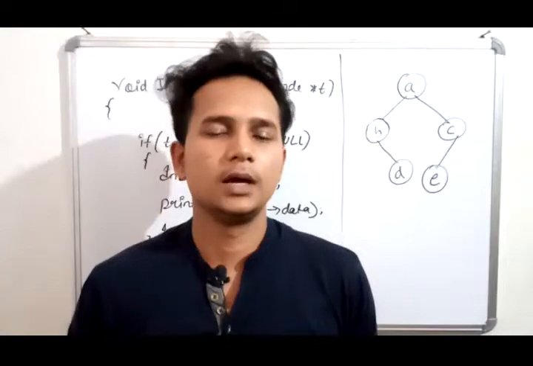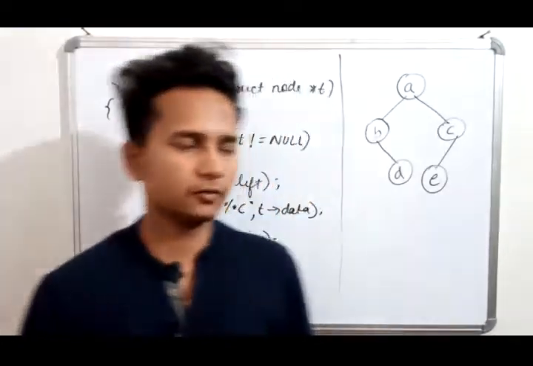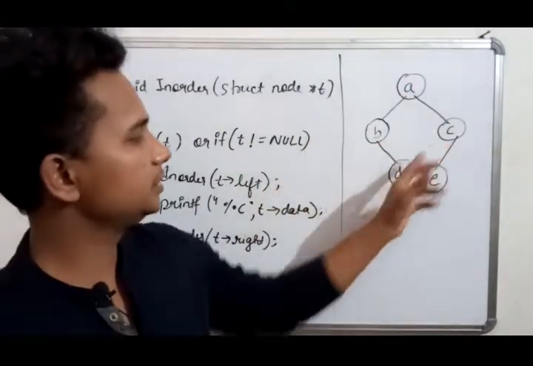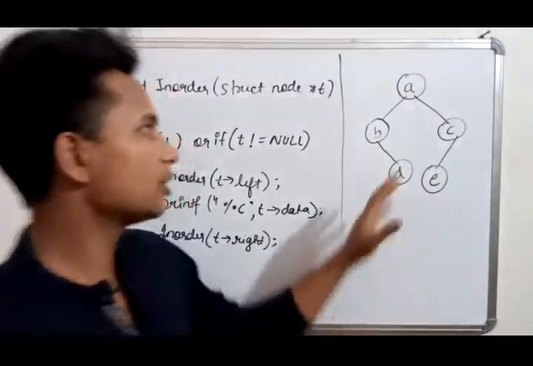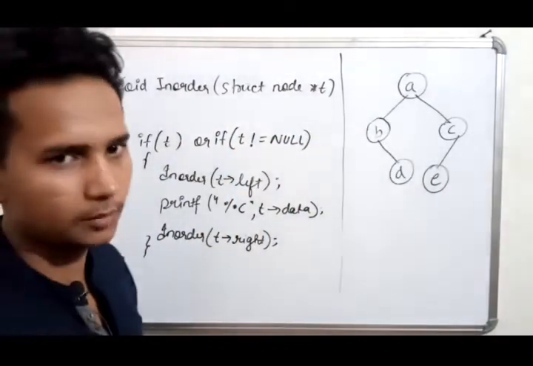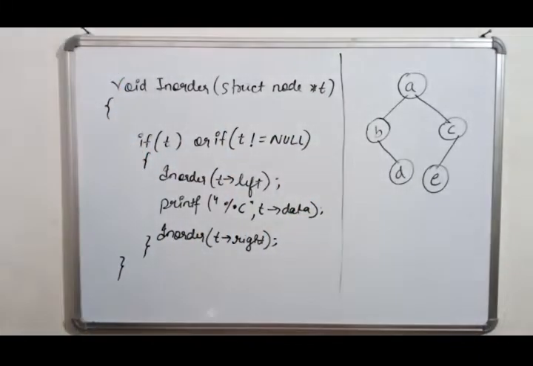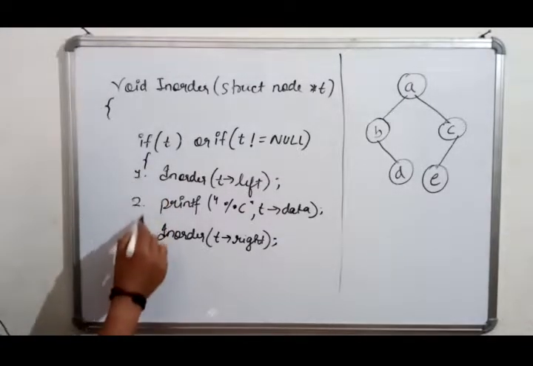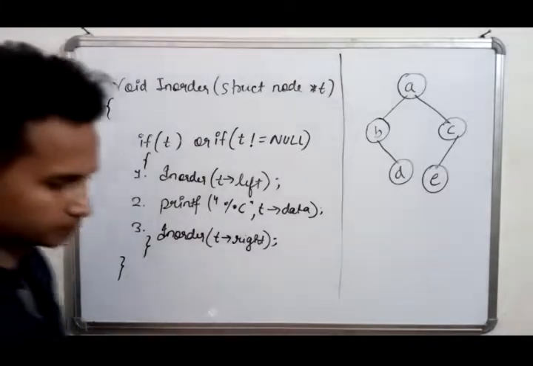So now let's see the dry run of this program. Let us suppose this is the tree A, B, C, D, E, and we are going to find the Inorder of this tree with the help of this program. Let us suppose this is instruction 1, this is 2, and this is 3.